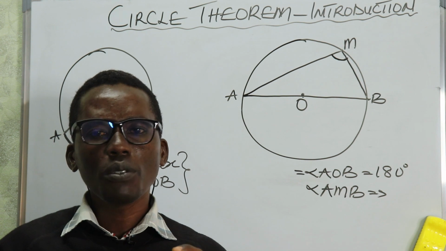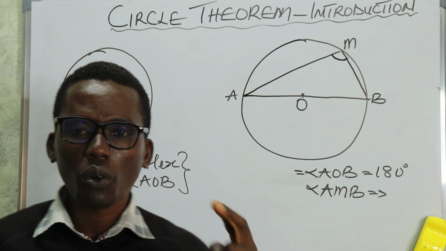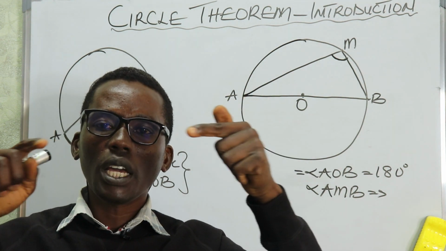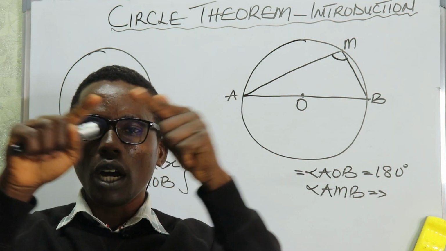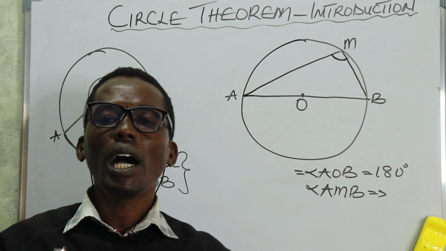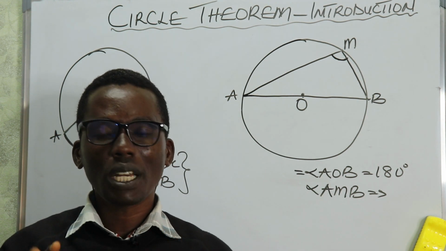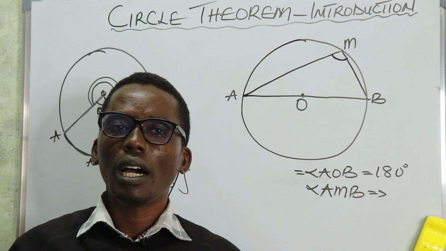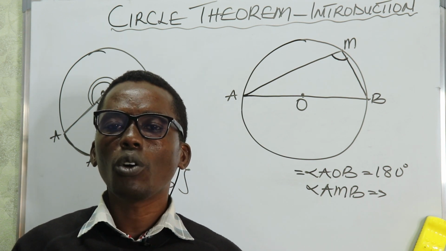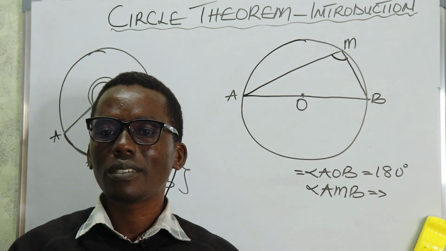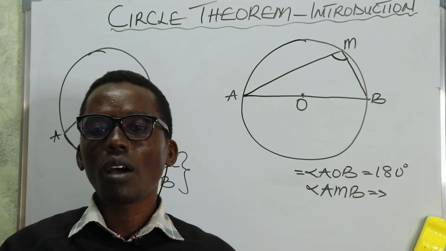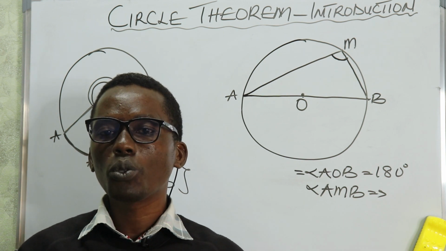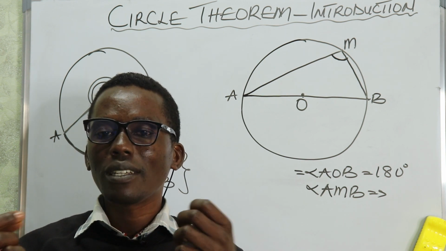If it does that, it will produce two angles, one which will either be at the top of the arc, which is in the major segment, or at the minor segment. Those are the two angles it will form. We've also seen how the arc of a circle can also sustain an angle at the center of a circle, which will form two angles, a reflex angle and also the other angle at the center of the circle.